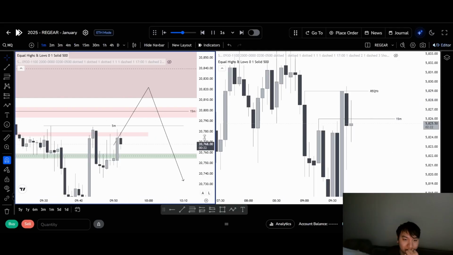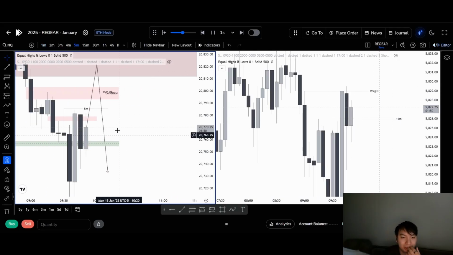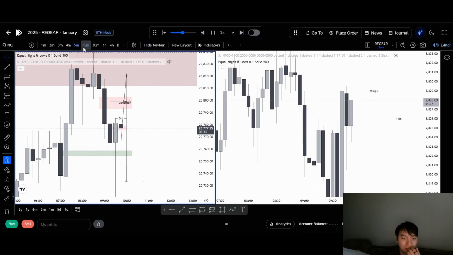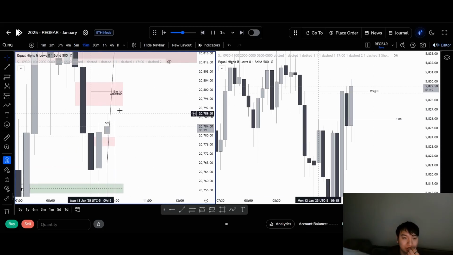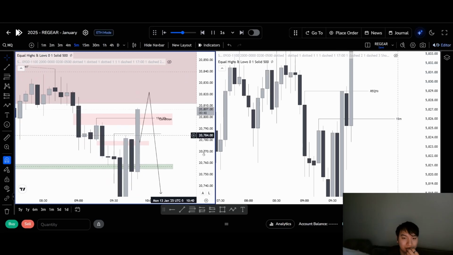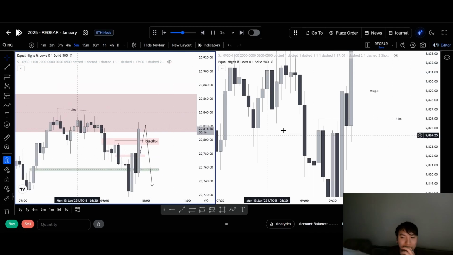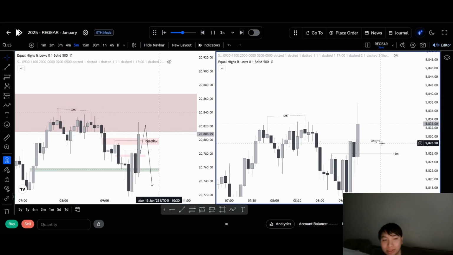We got relative equal highs. This doesn't mean anything, man. It realistically doesn't mean anything. We just took out the 5-minute right here, but I'm not really comfortable until we take out that 15. And we're just going to go straight to, oh my god, ES is dumping.